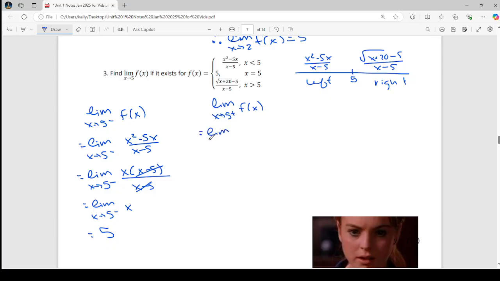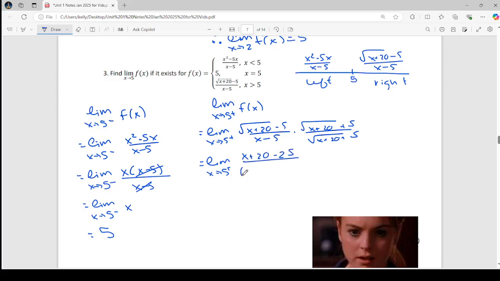Now let's do the limit from the right side. It's going to be the limit of the root of x plus 20 minus 5 over x minus 5. Also a problem here: if we plug in 5, we actually get 0 divided by 0. So let's clean this up using our conjugate binomial. Oops, 5 from the right. This is x plus 20 minus 25 over x minus 5, and this root of x plus 20 plus 5.